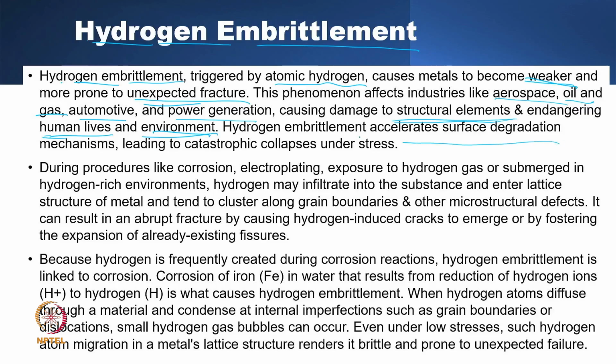And we see very clearly that hydrogen embrittlement accelerates surface degradation, and many times even when the stress level is very low, the failure still happens. So, that is why this mechanism becomes very important. Now, where does the hydrogen atom come from? We say it is very common in corrosion, like the iron and water reaction, or rusting.